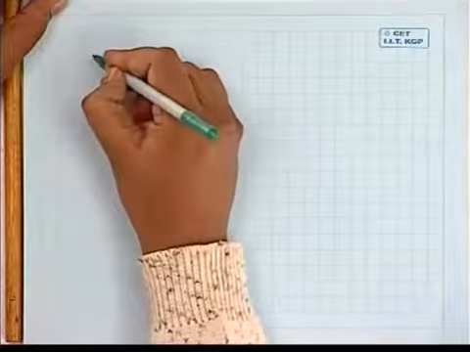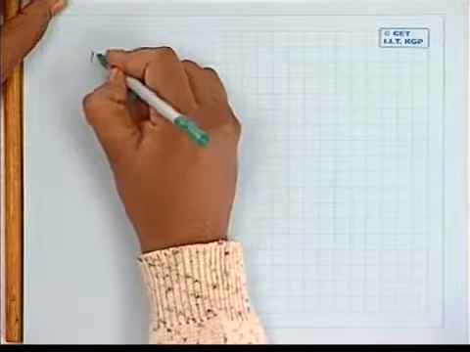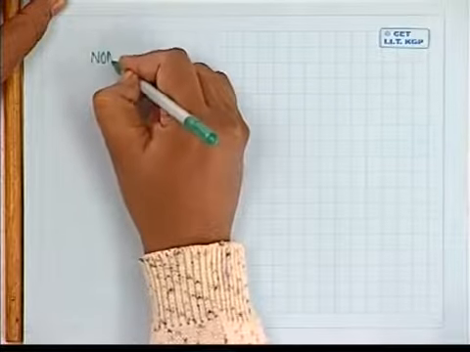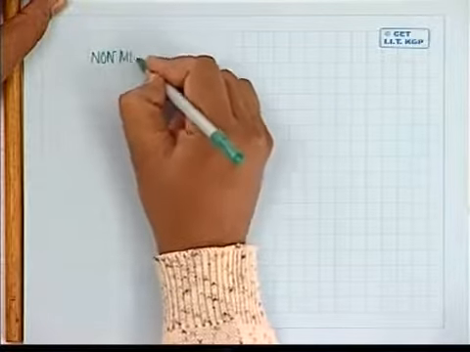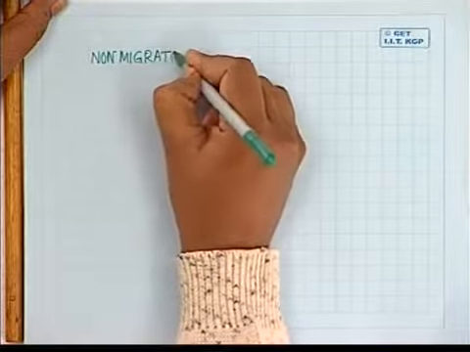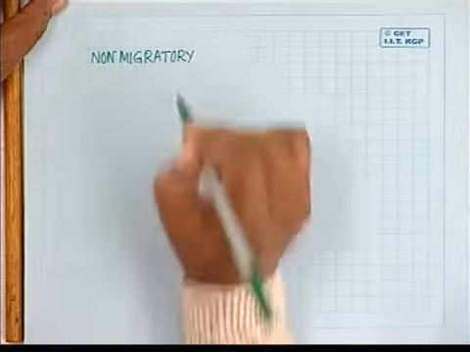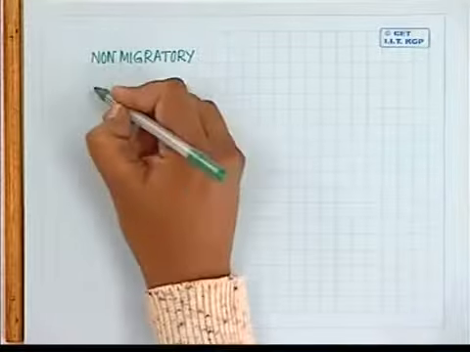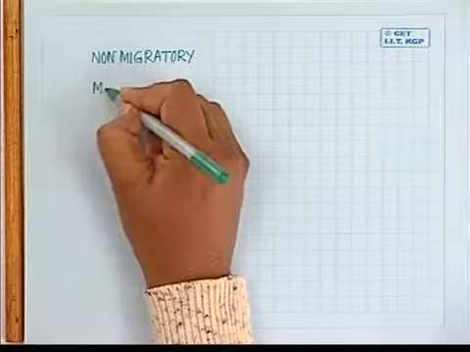Now, when we come to CPU allocation in this distributed computing environment, we can have two different types of allocation techniques. One is non-migratory, and the other is the migratory allocation technique.